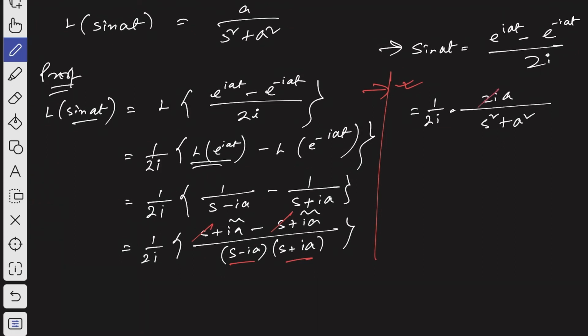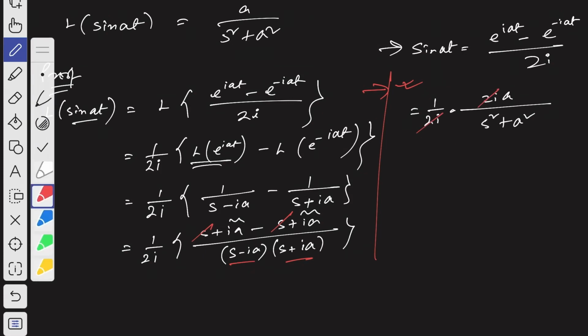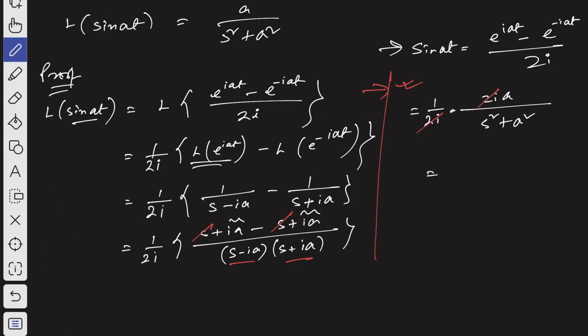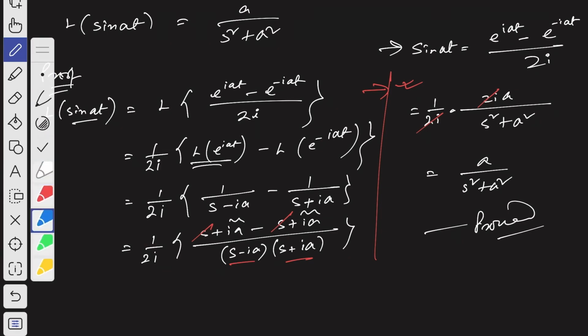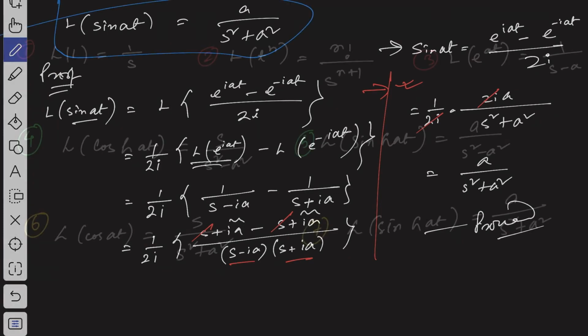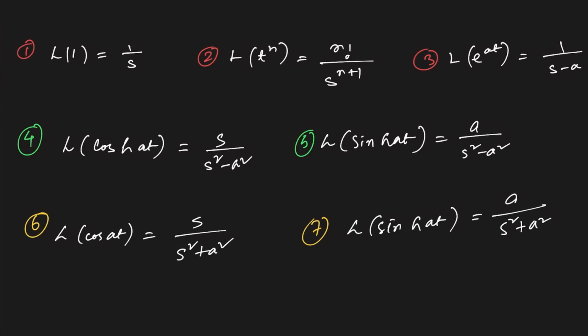Here the twice i cancels, so we simply get a by s square plus a square. So that's how this formula is proved. This is formula number 7, right? So these are the basic formulas we have proved till now.